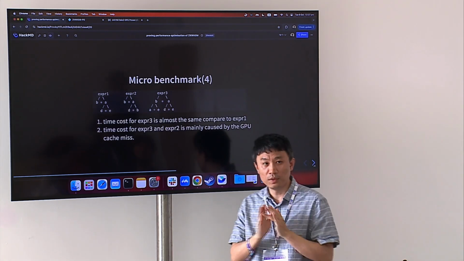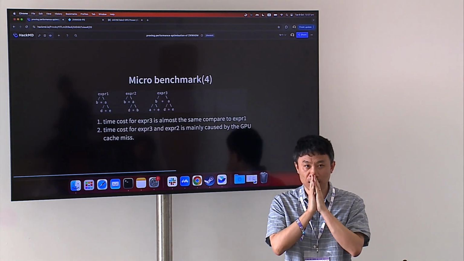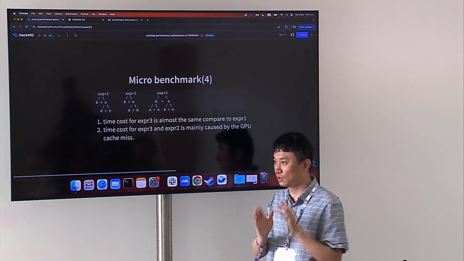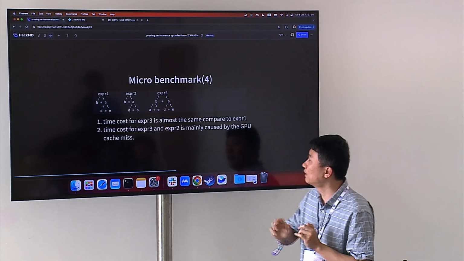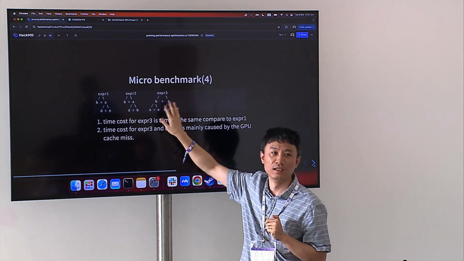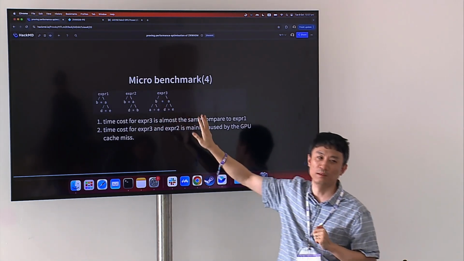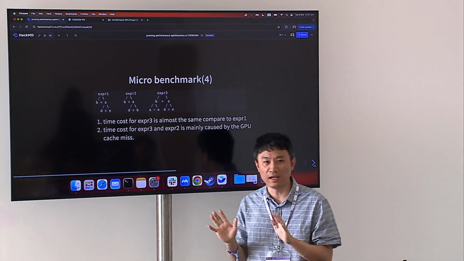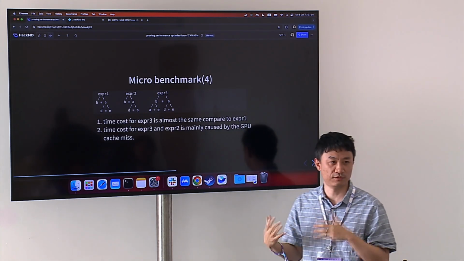But if you benchmark enough kernels, you will find that it's completely not the case. You will find that these two have exactly the same amount of time, maybe 1 or 2 milliseconds difference.